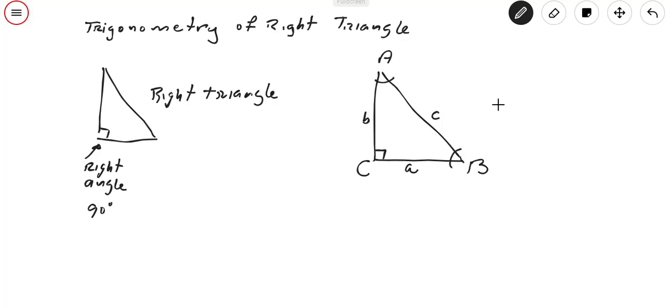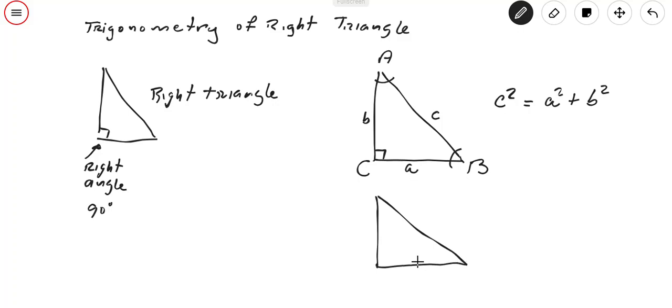We know that the square of the longest side is equal to the sum of the squares of the other two, shorter sides. So the longest side squared is equal to the first shorter side squared plus the second shorter side squared.